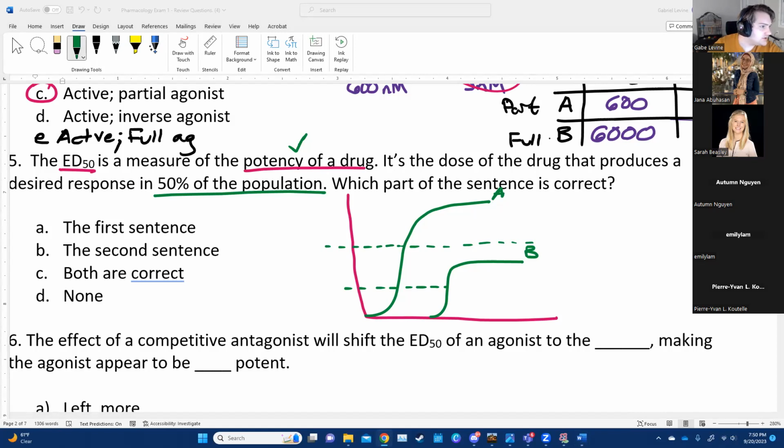What's the question? How should we determine if he means quantal or graded response? Because technically it would be false. That's a good question.